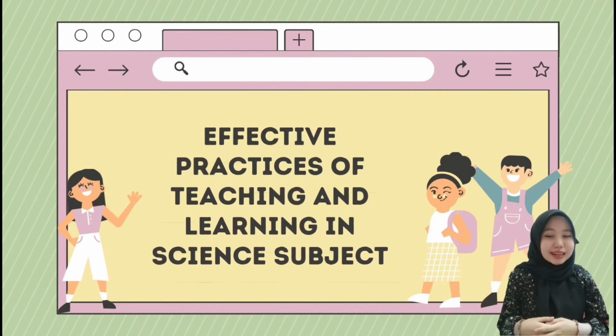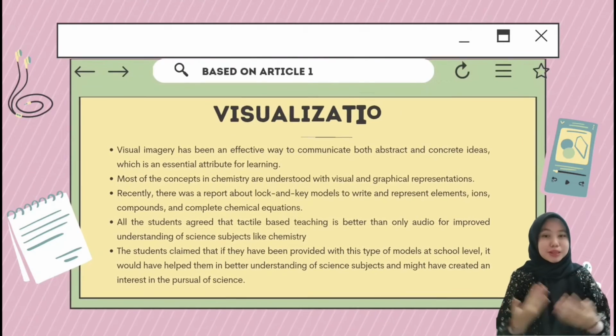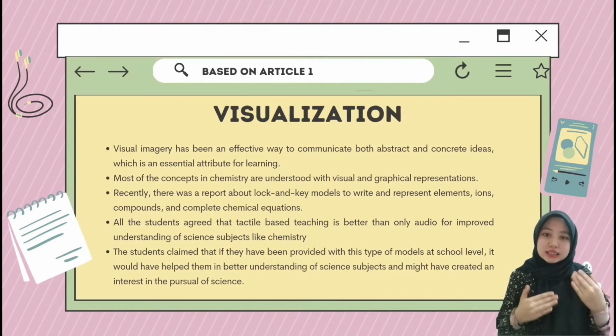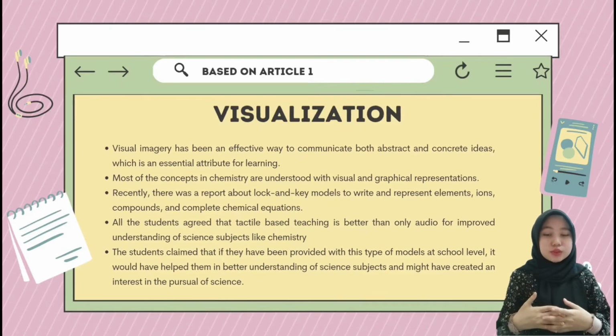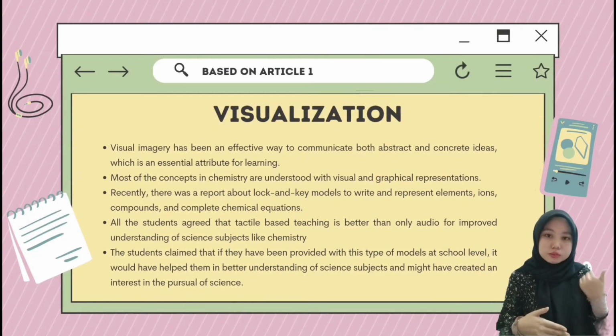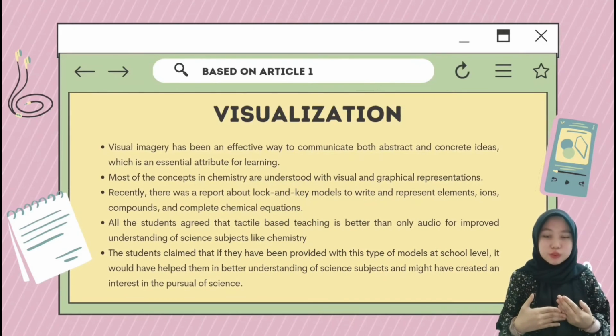First of all, let's take a look at effective practice of teaching and learning in science subjects. Based on Article 1, it is about visualization. In this article, it was stated that visual imagery has been an effective way to communicate both abstract and concrete ideas, which is an essential attribute for learning.